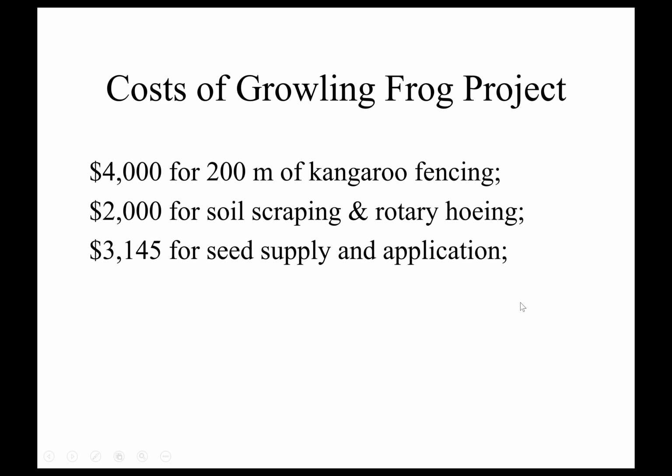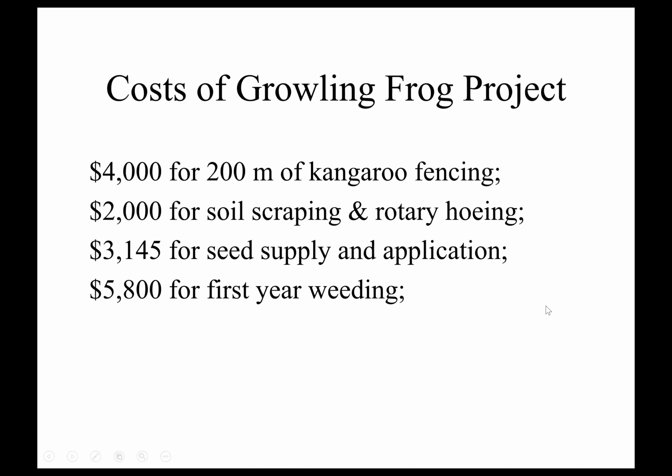The seeds, to have the original seeds collected for them to be bred up in the seed production area, harvested, brought onto site and spread over the ground, cost $3,145. A lot of effort was put into weeding in the first year, and that included hand weeding even, and all of that cost $5,800.